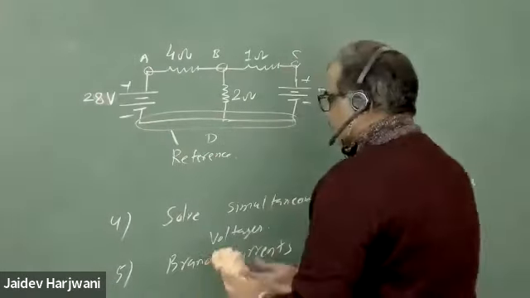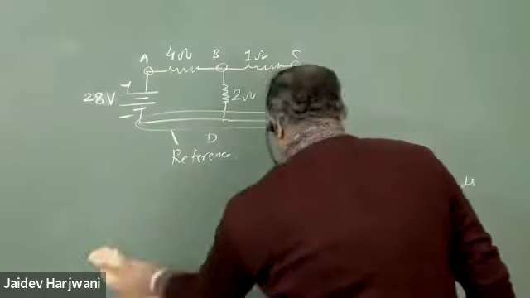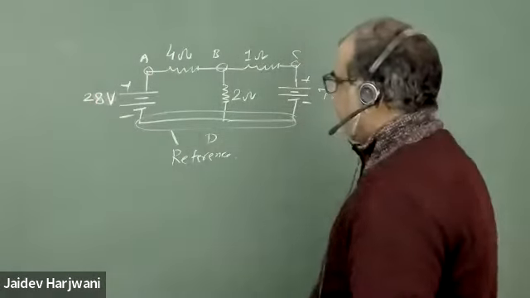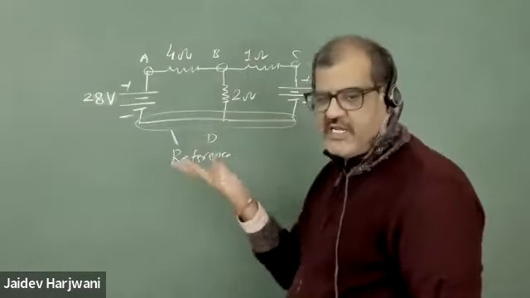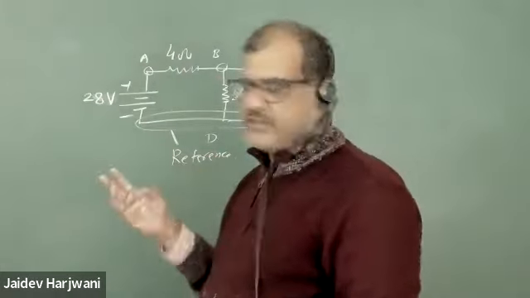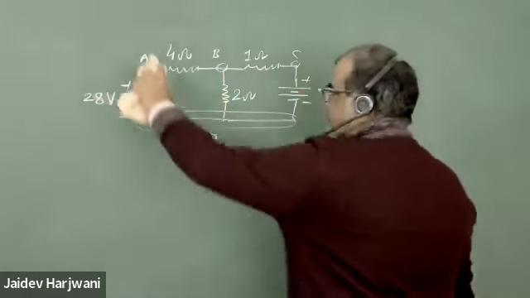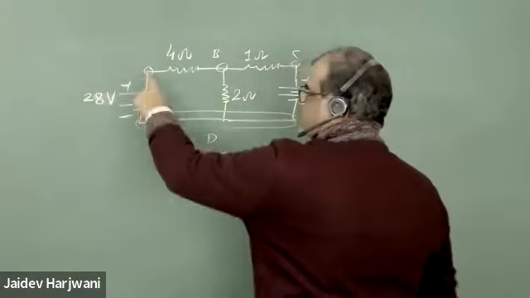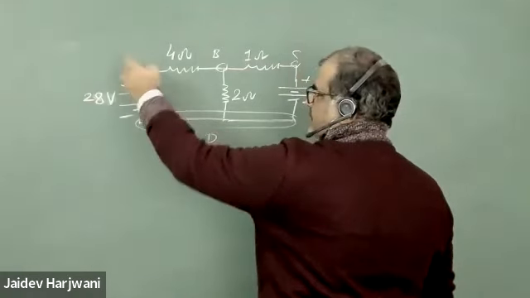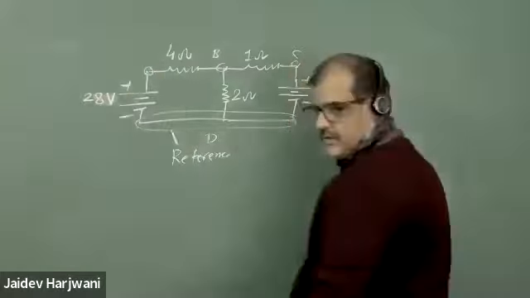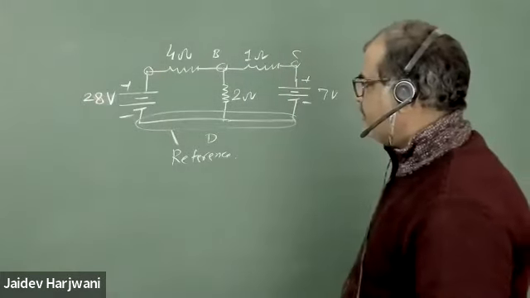Once I have defined this reference node, I need to find the node voltages. There are three nodes, so obviously three node voltages. What is the voltage here? 28, because this node is already known to me.